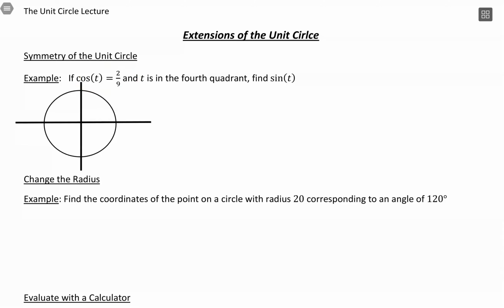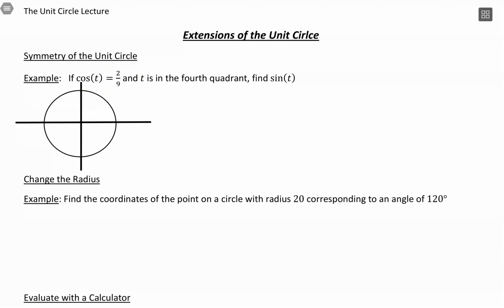So there can be these questions where they give you sine or cosine equal to a value, and it's essentially giving you the x or y coordinate, and then using the placement of the angle, you can find the other coordinate with the Pythagorean theorem.